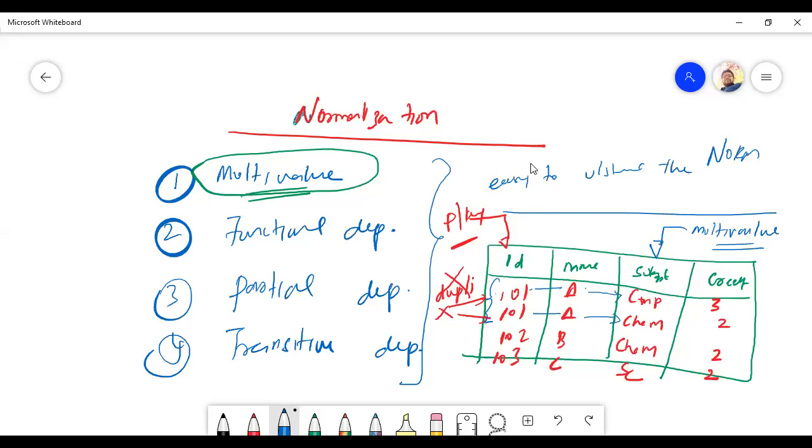Because of this multi-value subject, our record is being duplicated. 101 A, 101 A. Since 101 is a primary key, it should not be duplicated. So we have to be careful; the primary key must not be duplicated.